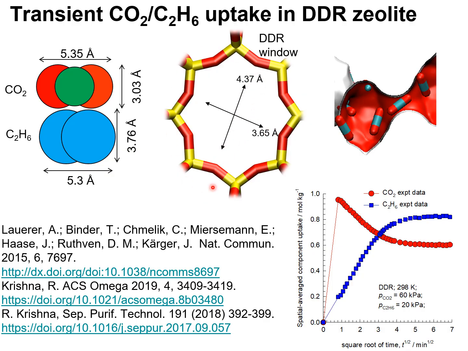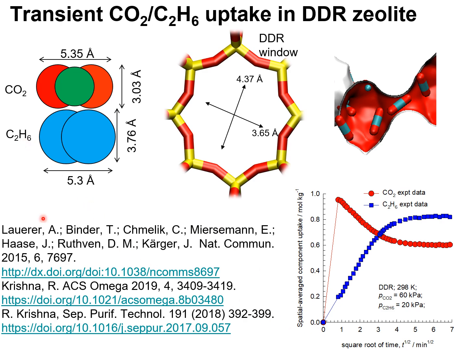It's an 8-ring window. CO2 diffuses faster than C2H6 because the cross-sectional dimension of CO2 is significantly lower than that of ethane.